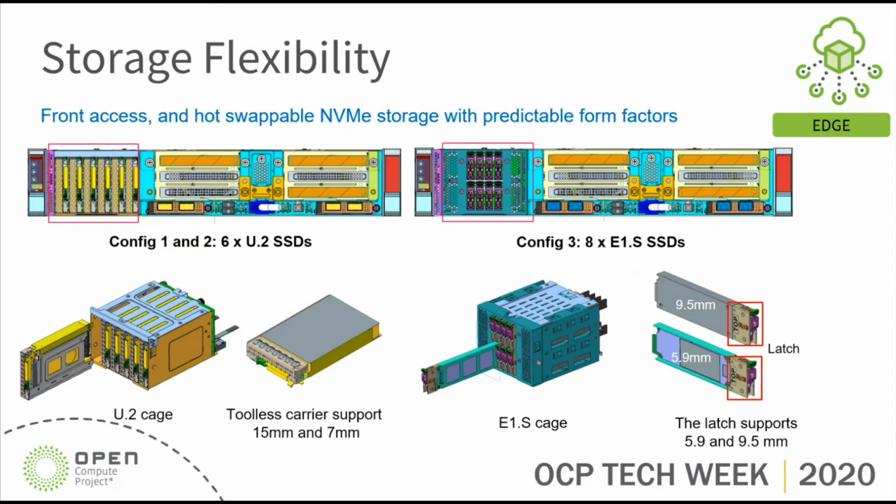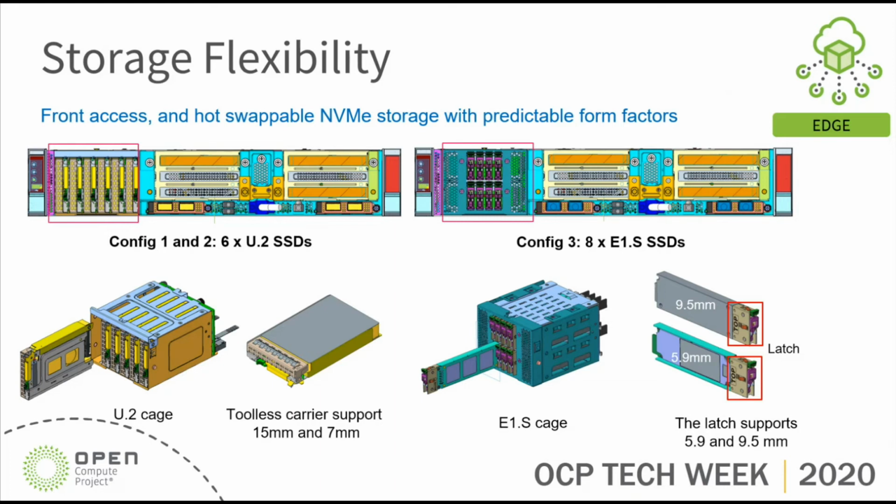And in the storage flexibility, the storage built into the ES200 is accessible from the front and also hot swappable, and we support all NVMe SSD storage with multiple form factors. What form factors? We can support U.2 and E1.S. For U.2, we can have 6 pieces, and for E1.S, it is up to 8.